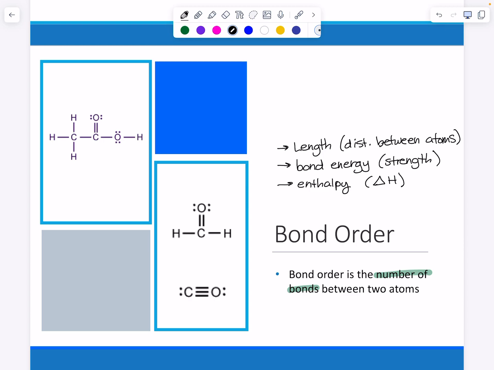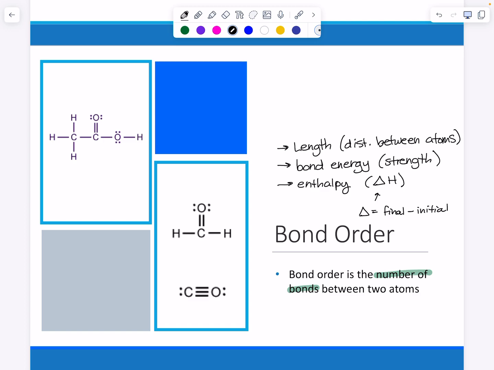Anytime you see the Greek letter delta, what it means is a change between the final state minus the initial state.